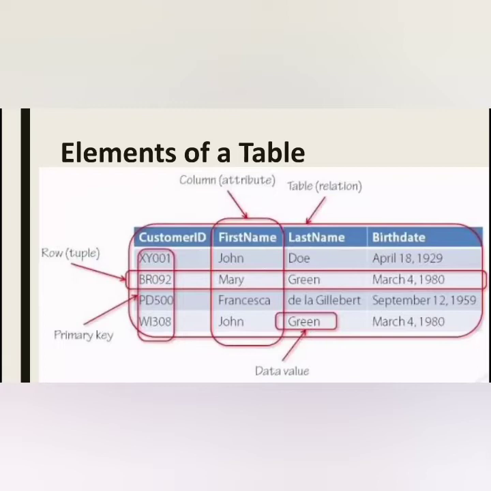Data. It is a set of characters that represent a valid value. For example, here, if we are talking about the customer, last name is Green. Last name is Green. In the fourth record, this is what a data value is. This whole information makes a table.